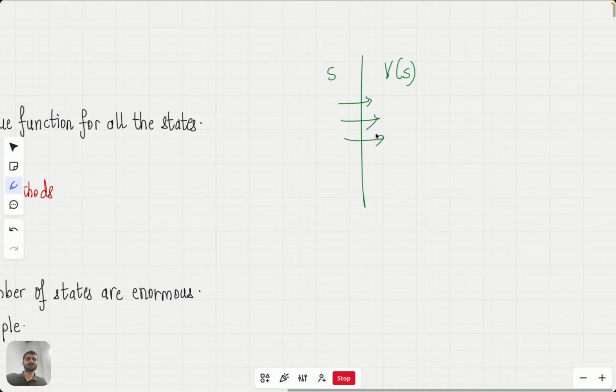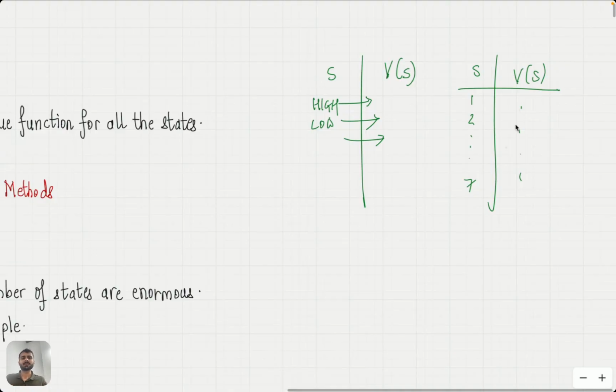Remember, the first example we saw was a recycling robot where the states were high and low, and then we were calculating the value of each of these states. Similarly, in the last example with the junctions, we have seven states which represent the seven junctions, 1, 2, dot, dot, dot, 7, and then we calculate the values of all of these states. These are what are known as tabular methods.